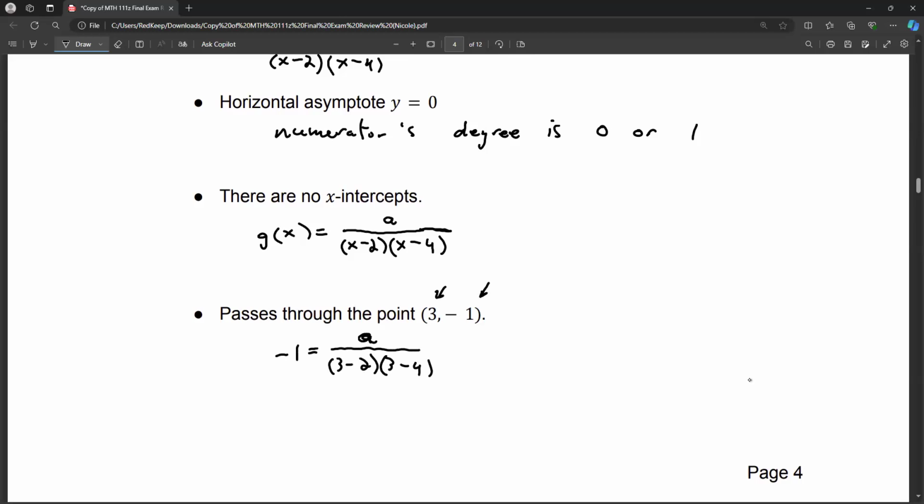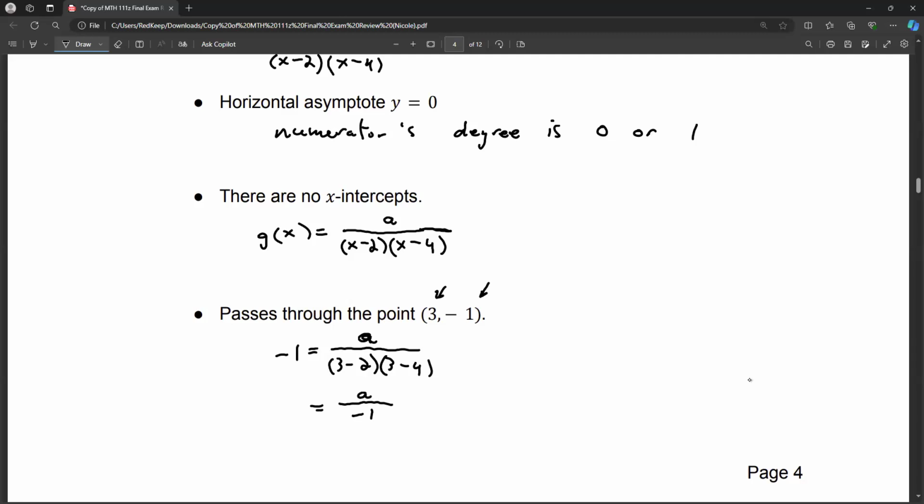So I'm going to go ahead and simplify and solve for a now. Right away, I can see, okay, 3 minus 2 is equal to 1, and 3 minus 4 is equal to -1. So I have a positive 1 and a -1 in the denominator. Multiplying those together just equals -1. And this, of course, looks like it's going to say that -1 is equal to a divided by -1.